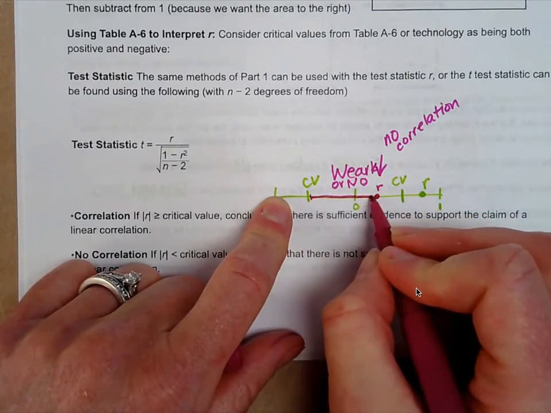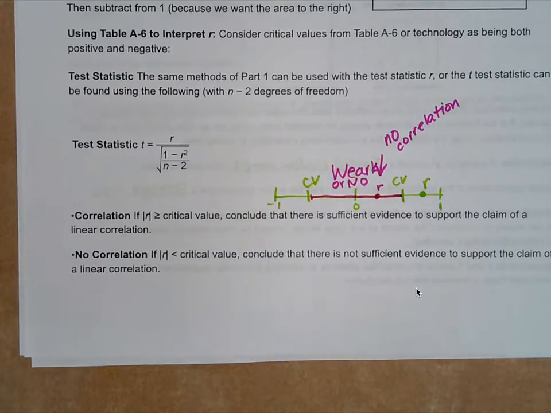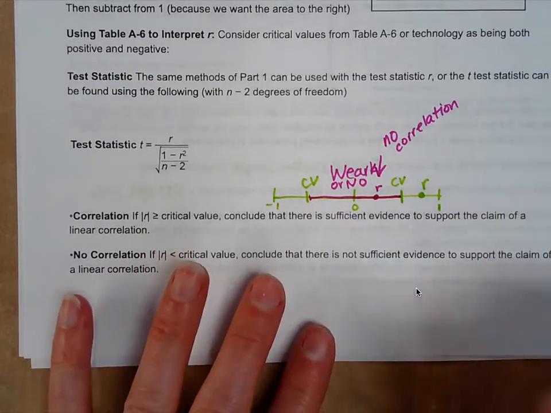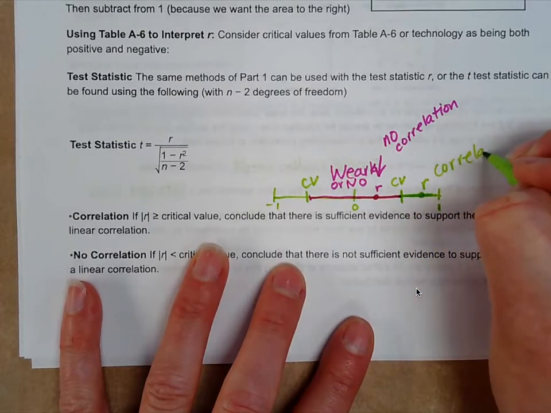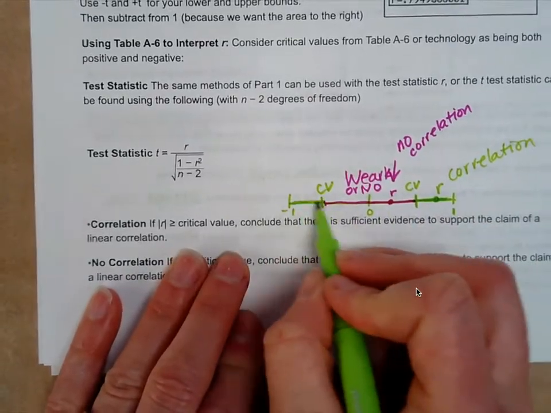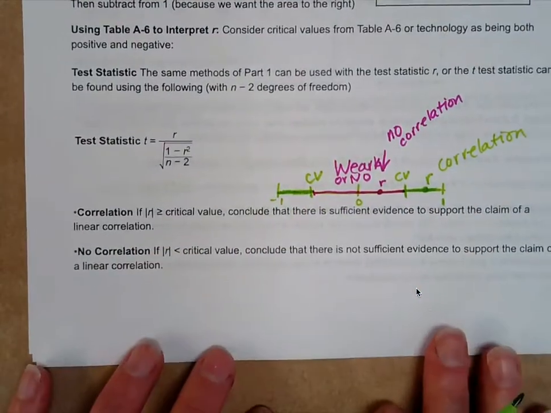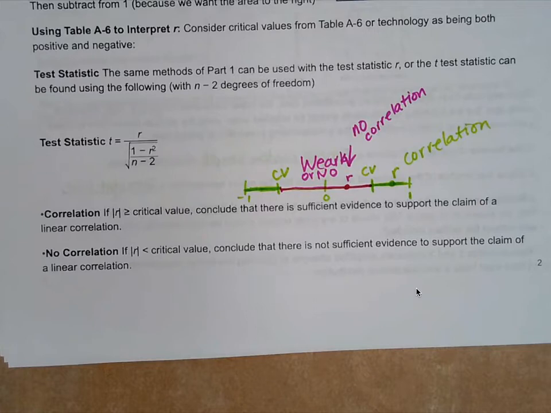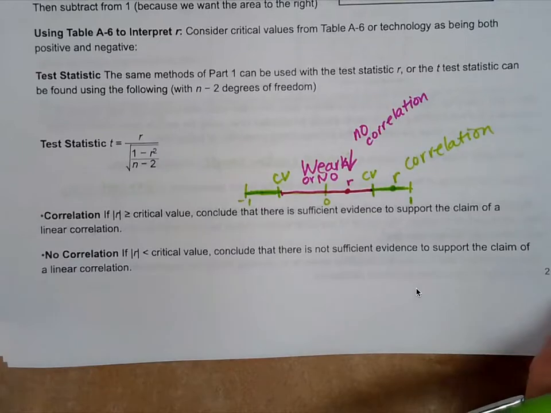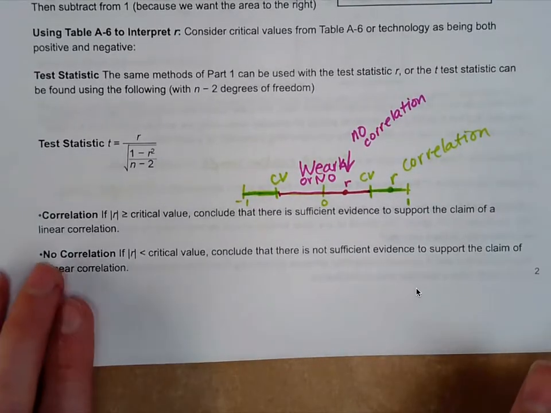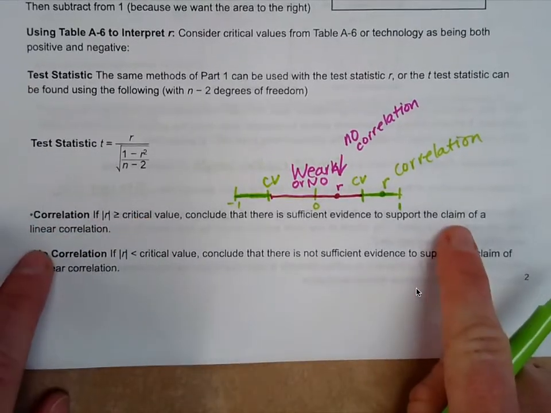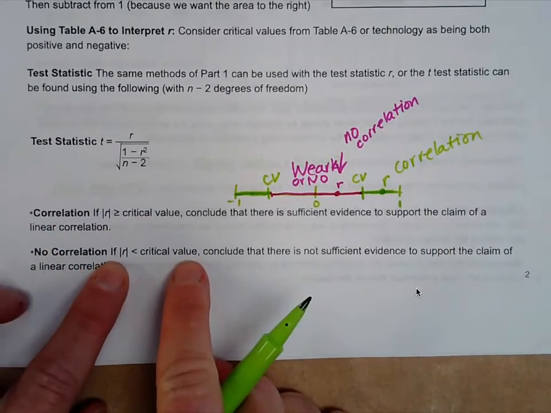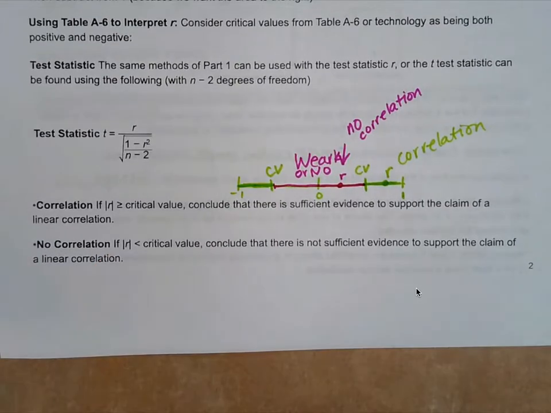But anything to the outside of those critical values is considered correlation or strong correlation. So if R is greater than the critical value, then we can support a linear correlation. If R is less than the critical value, then there is not sufficient evidence to support the claim.